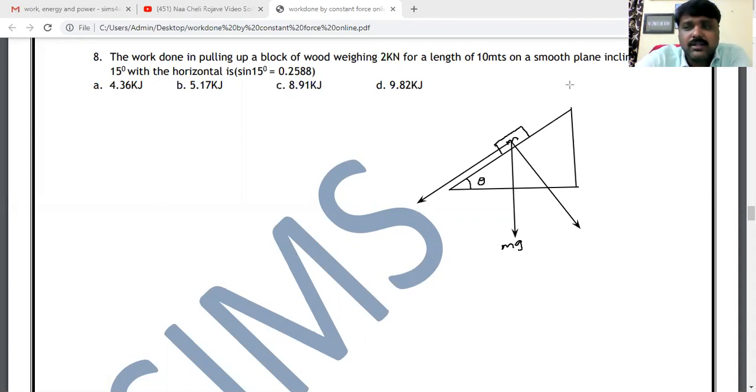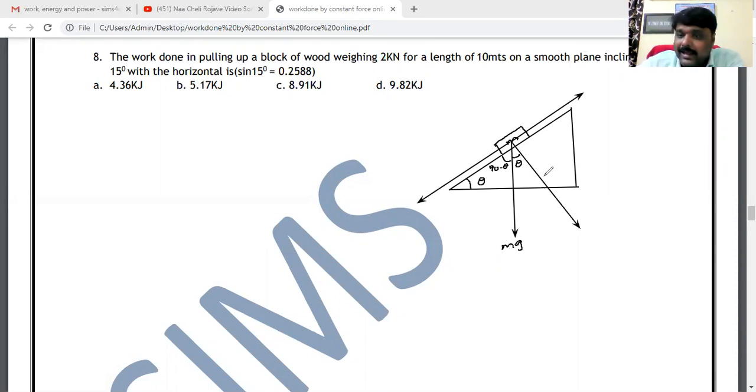And now what is he asking? The work done in pulling up a block of wood weighing 2 kilonewtons. That means the force is acting upwards to pull this mass. In the sense, what are the components? If this is theta, this becomes 90 minus theta. As these two are perpendicular, again this becomes theta.